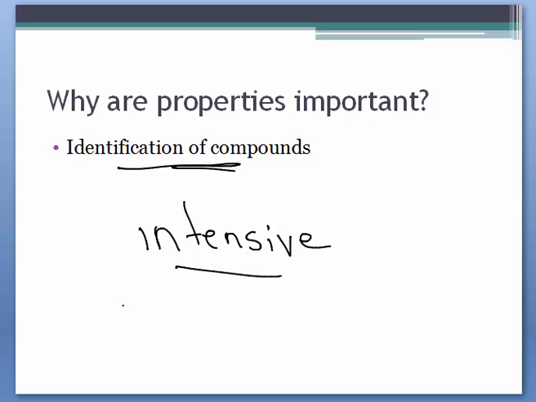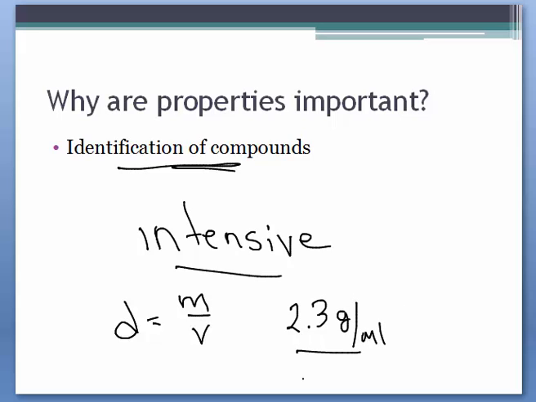So for example, if we're looking at a liquid and we measure its mass and its volume and we find that its density is 2.3 grams per milliliter, then we certainly know that the substance isn't water. If we had a list of densities and 2.3 grams per milliliter was one of those densities, that would give us a clue as to what that substance is.